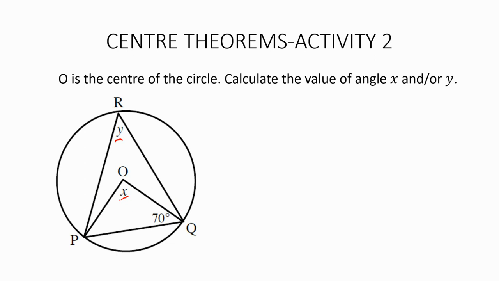Now, OP and PQ are radii, so it means they are equal. You see that? Okay, so it means POQ, this triangle, is an isosceles triangle. You see that? So this angle here is 70 degrees. Why? Because these are angles opposite equal sides.